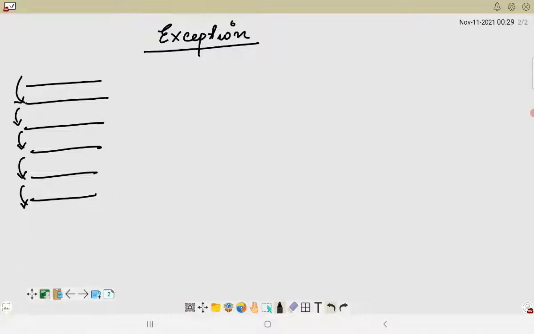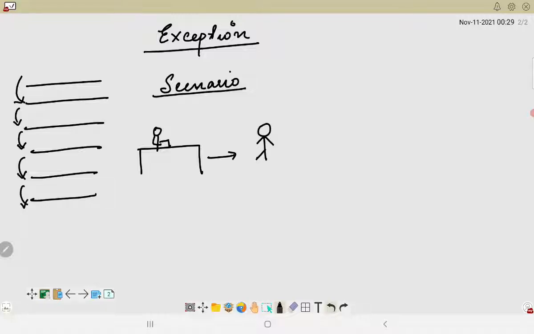Let us consider a specific real world scenario, where a person wakes up in the morning, gets ready for his classes, and takes a cycle to his class, and finally he reaches his class.